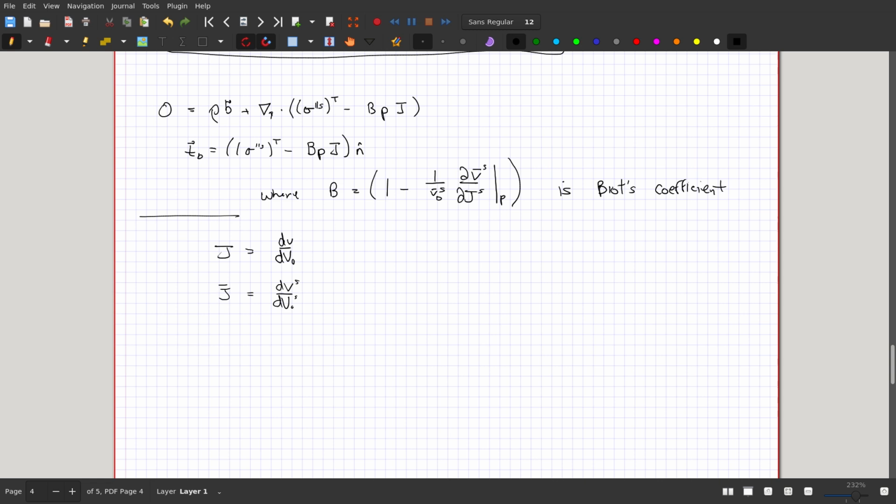Okay? You can also show that this is equivalent to V bar S over V bar S 0. All right.